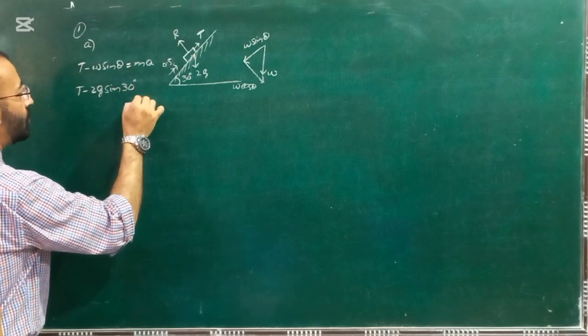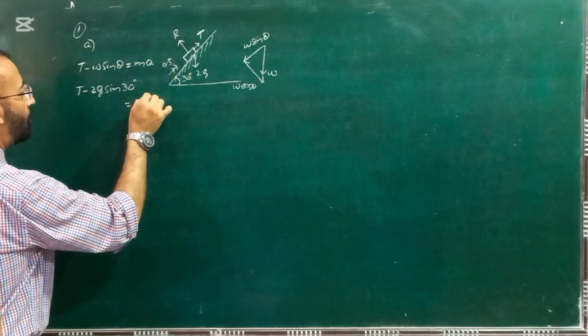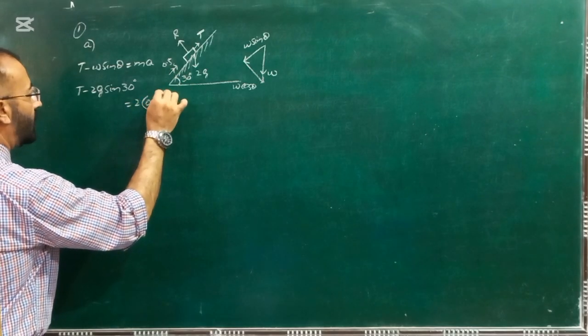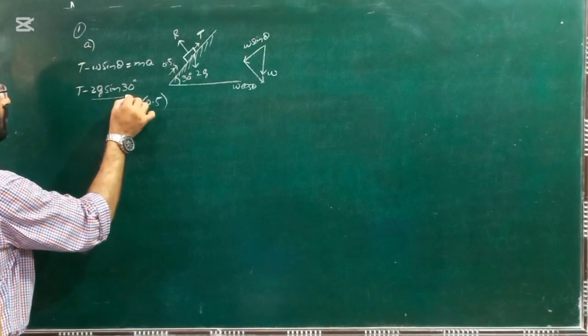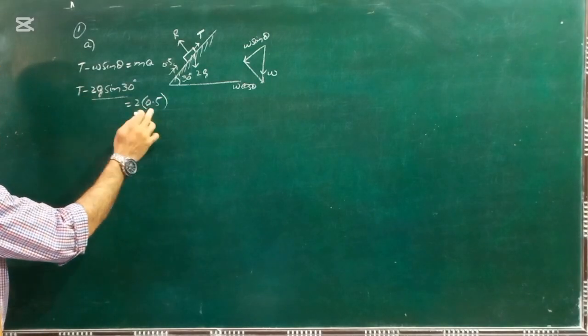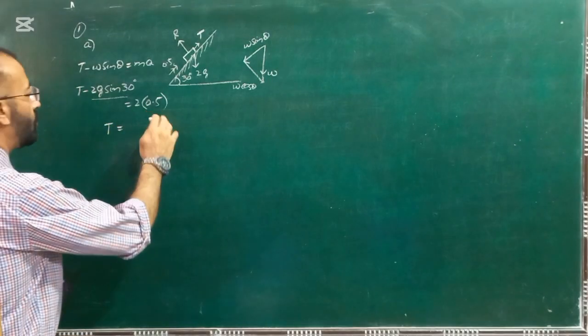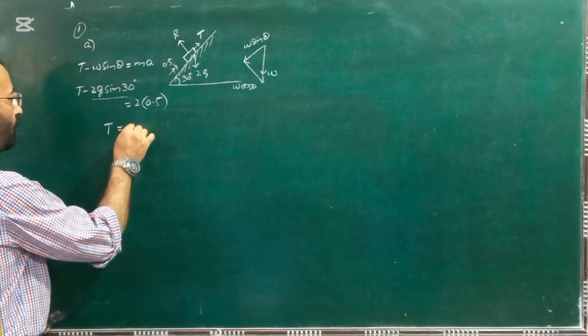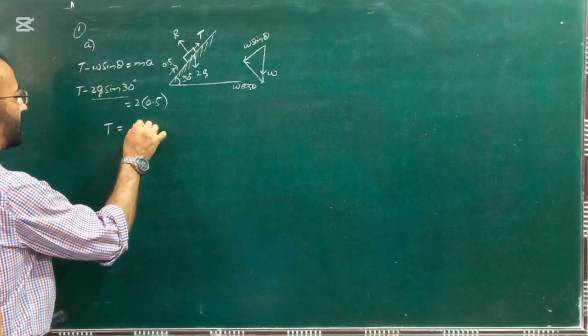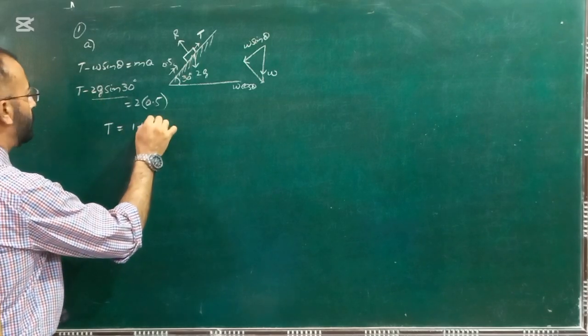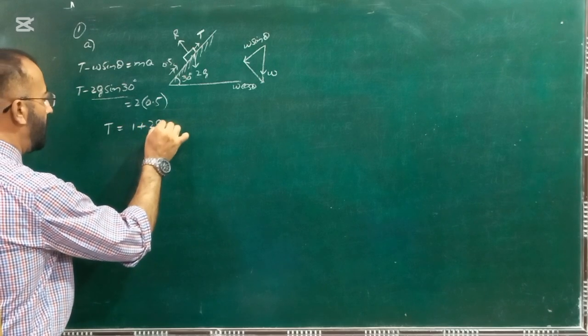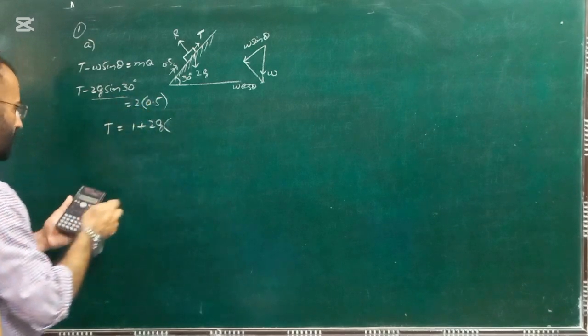So m is 2 and a is 0.5. Now this factor will go to the right hand side and will be added. So T is equal to 2 into 0.5, which is 1, plus 2g sine 30.